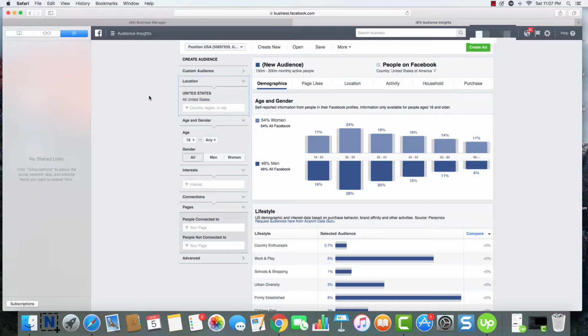So if you're running Facebook ads, you can't just expect to stay within Audience Insights of Facebook to really know your prospects and competition. The biggest mistake that I see with targeting is targeting the wrong audience.